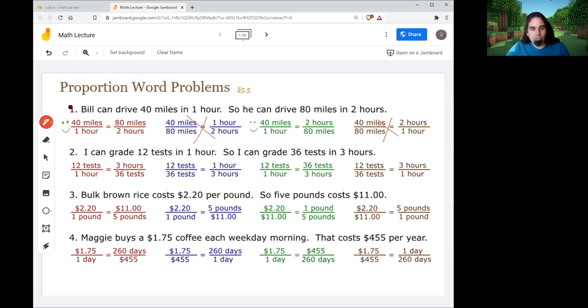Okay, I like what Cheryl says. I'm going to be teachery. I'm going to say that 40 miles in an hour is one situation. And I'm going to put arrows on it, that we're doing miles first and then hour as we talk about it. And similarly, 80 miles in 2 hours is a situation.